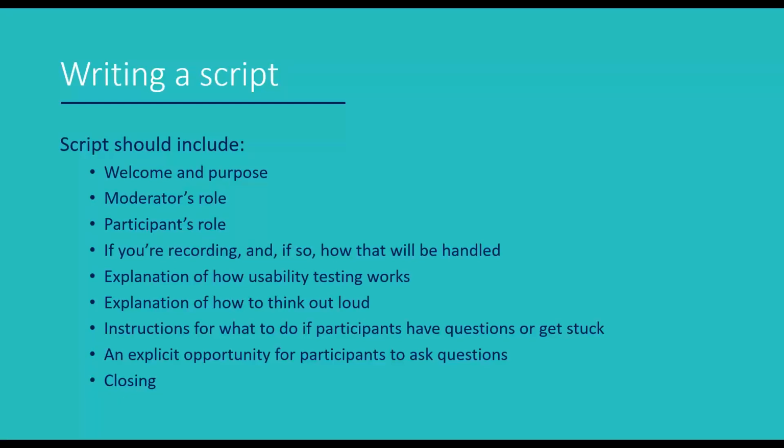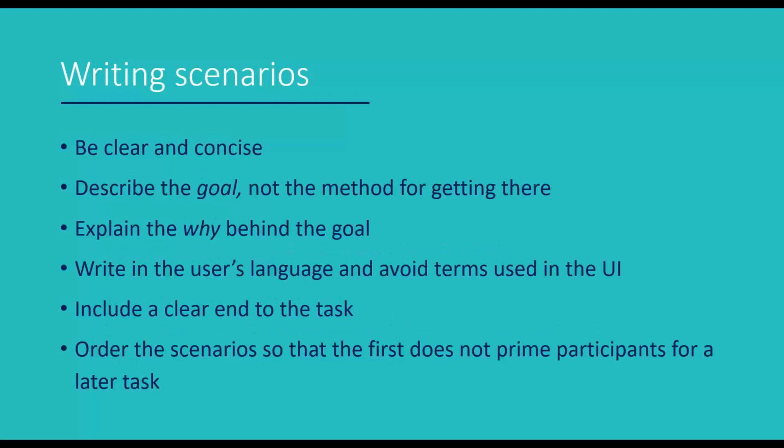So that's pretty much everything you need to keep in mind when you're writing a script. Next, we're going to talk about writing the scenarios. So the most important thing about the scenarios is you want them to be clear and concise. They need to describe the end goal that the participants need to complete, but not the method for getting there.